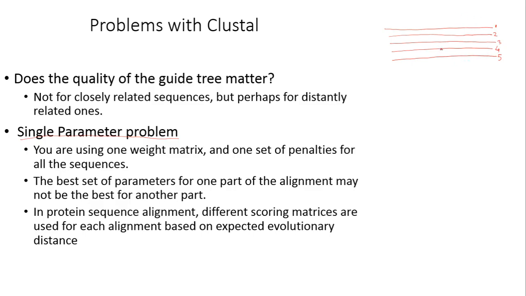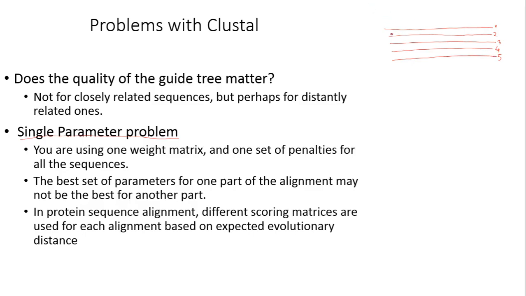In your multiple sequences, some of the sequences can be related or similar, while some can be divergent, or the similarity or identity might decrease. So what if you use a single weighing matrix and a single set of penalties for aligning all of the sequences? Then it might become problematic.